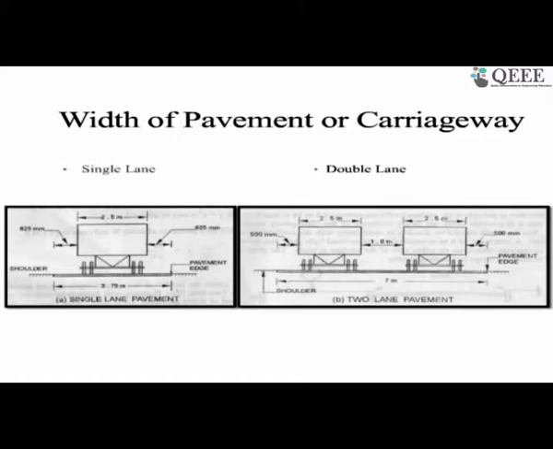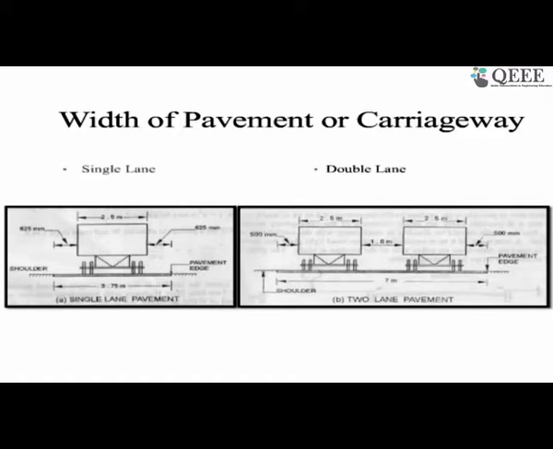So whenever a vehicle has a width of 2.5 meter, you need some clearance on either side. For a single lane, the clearance considered on both sides is 0.625 meter or 625 millimeter. Now, if we add all these three dimensions, you will get the pavement width of 3.75 meter, and this is the pavement width for the single lane.